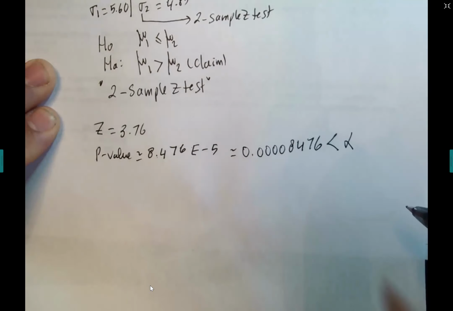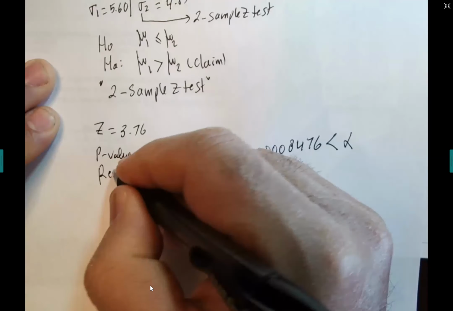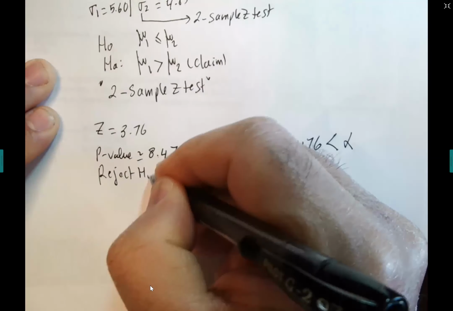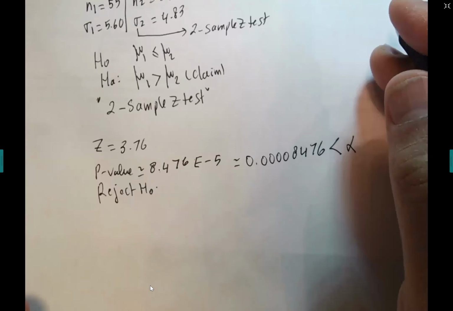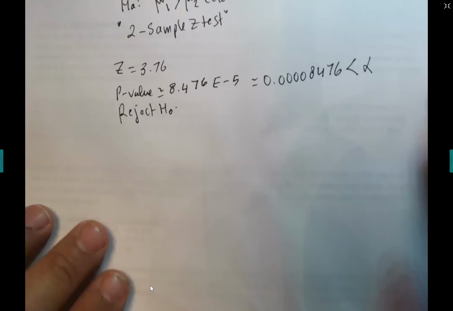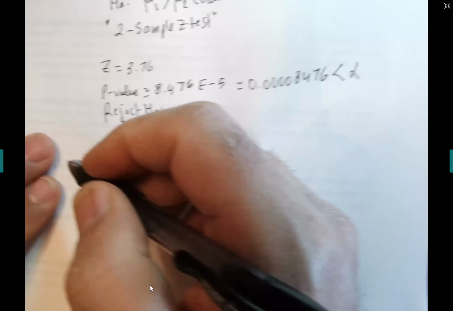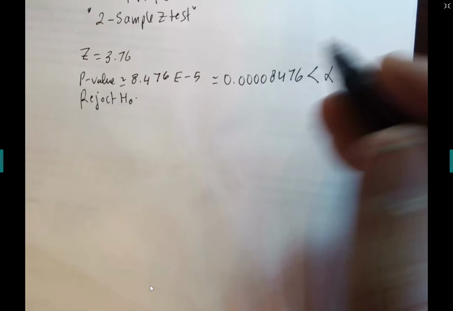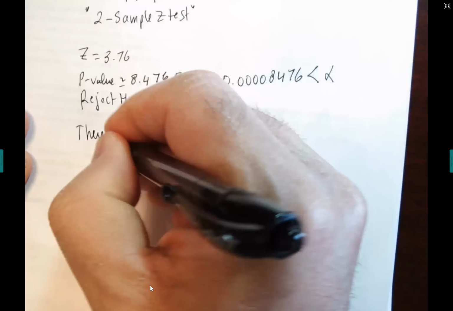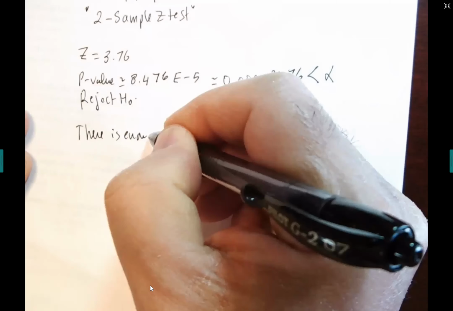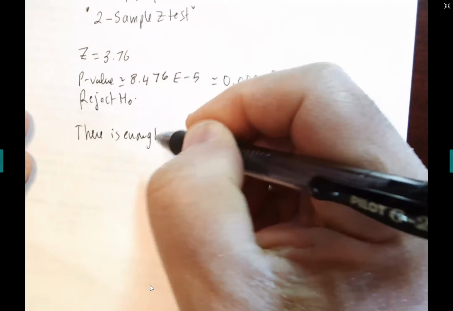So we reject H0. And when we reject H0 and the claim is in H1 or HA, we support the claim. So I'm gonna write down, we didn't have any question today where the claim is in the null hypothesis.